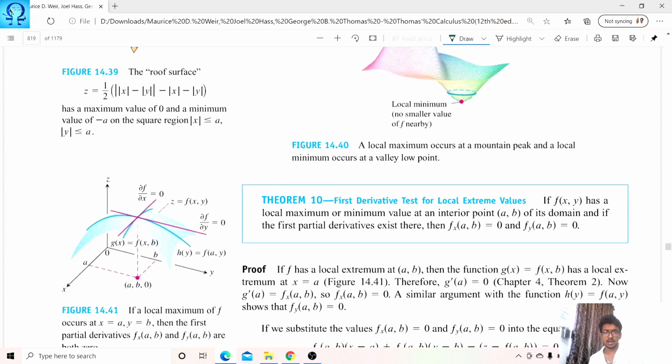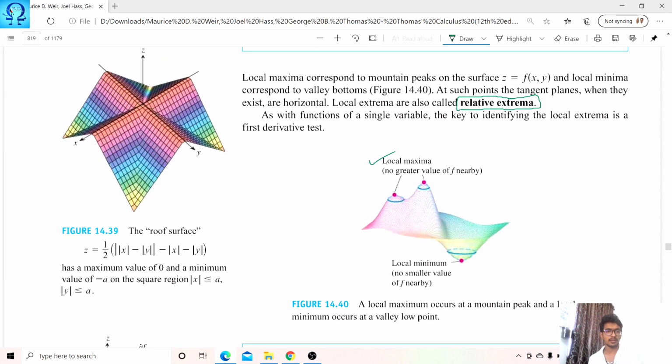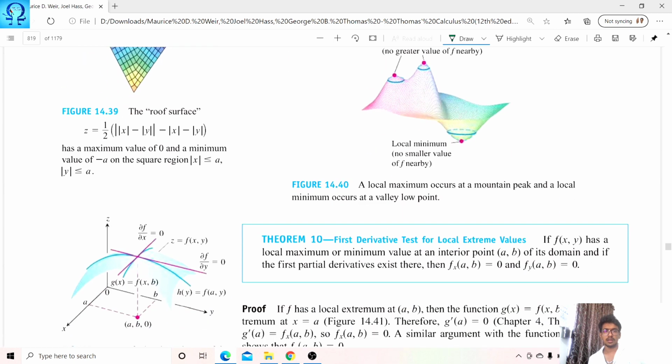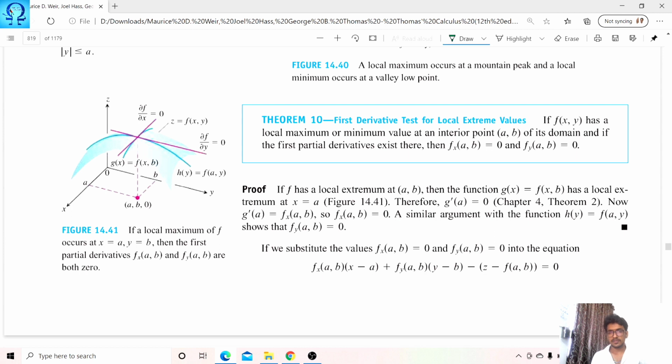So how to find the local maximum and local minimum? There are many examples given in this textbook that you can refer to. The first derivative test: here you are given a function of two variables. Whenever you are given a function of two variables, you will have to identify the partial derivatives with respect to x and with respect to y, and equate them to 0.